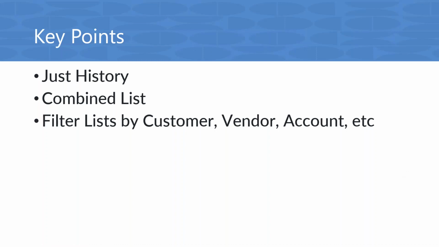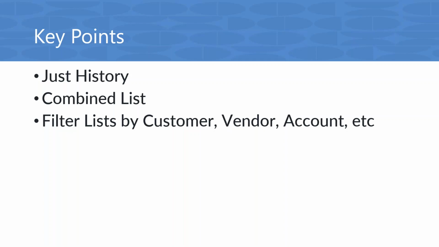We can make lists available inside of there where we see just the history that came from Dynamics GP, which has now been archived into a data lake. We can also do something kind of unique where we combine that history with the new information coming from NetSuite.